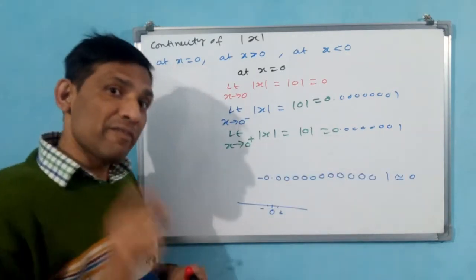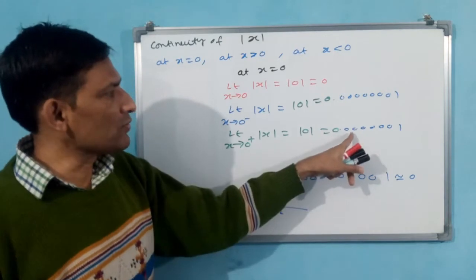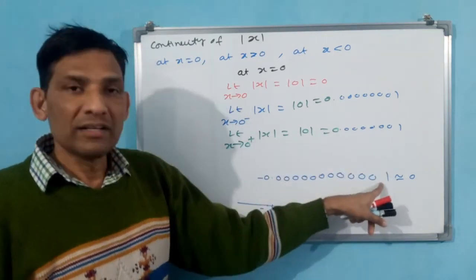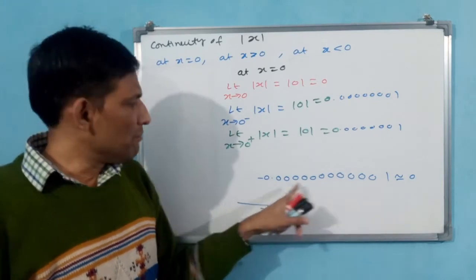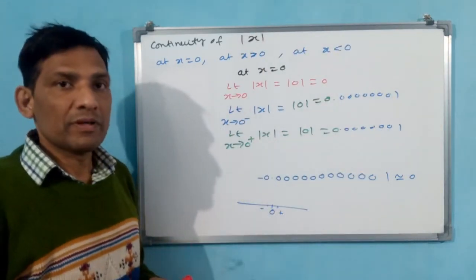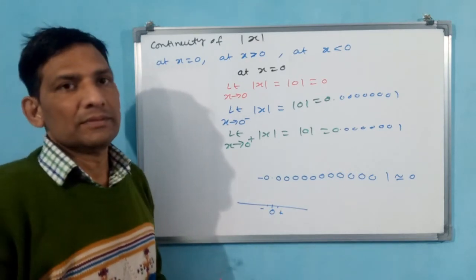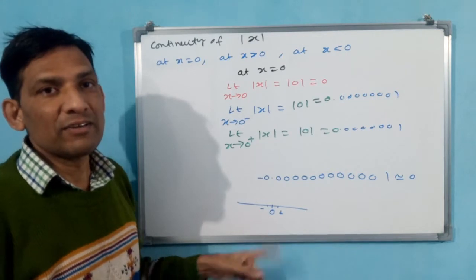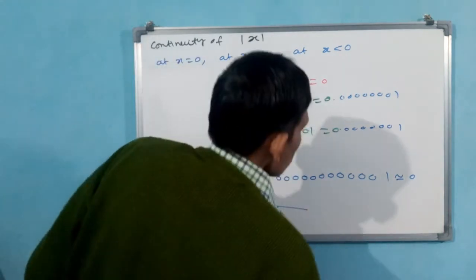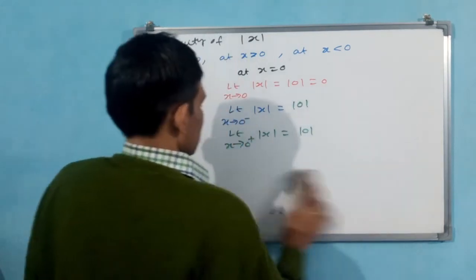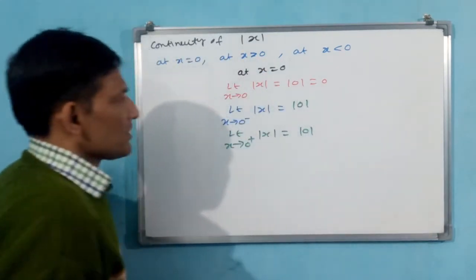For practical sake I am telling, see, this may be a much bigger number of digits. The number is bigger but the value is smaller. That means what I want to say is, 0 point, these zeros, how many zeros I have written here? Maybe 10 zeros, maybe 100 zeros. That much of small change. Finally, you have to take 0 only. That is why, don't bother about these numbers.